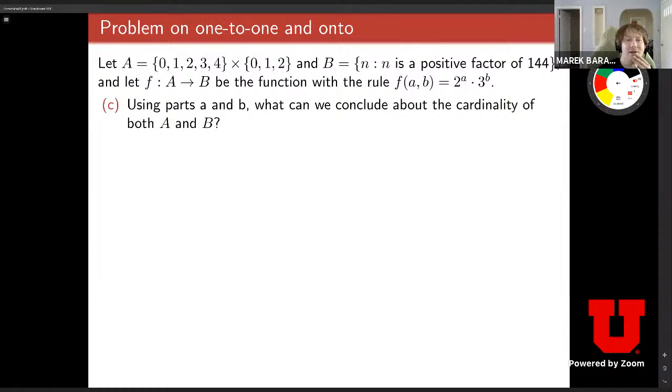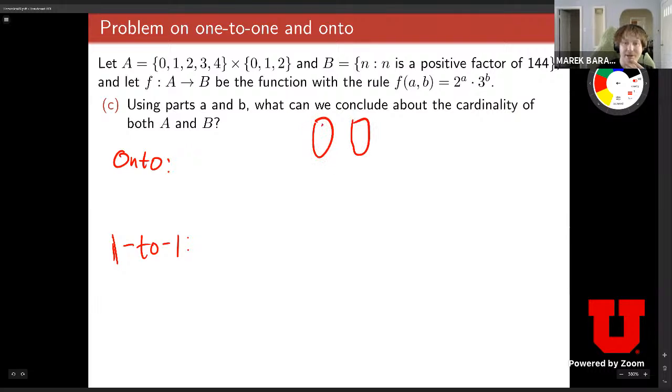Okay, so this one asks, using parts A and B, what can we conclude about the cardinalities of A and B? So what does onto tell us?